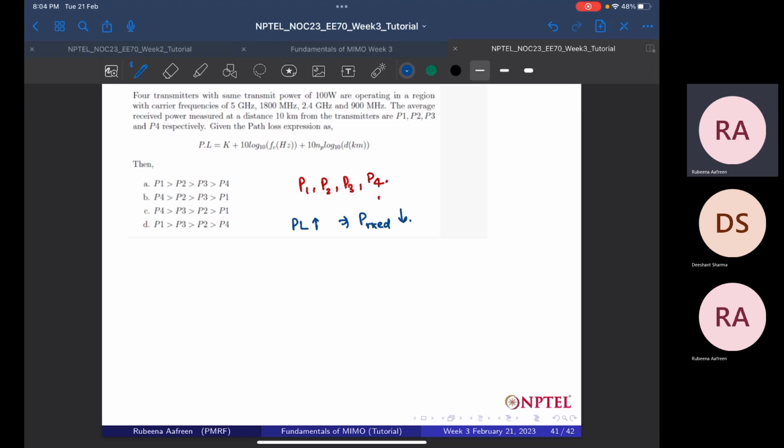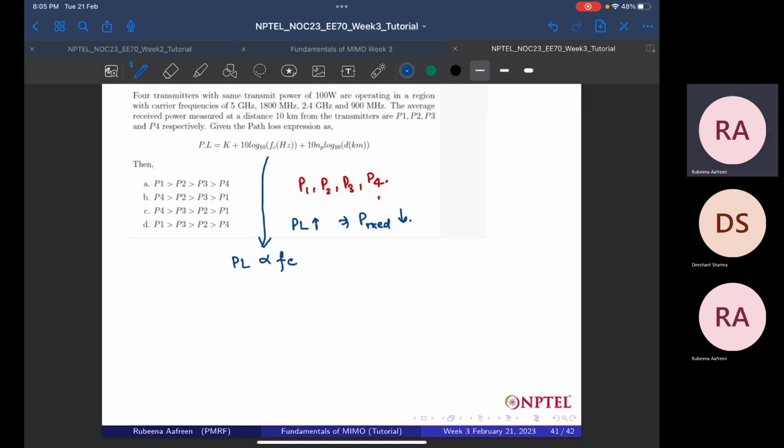What do you think would be the order? So can we say that path loss is directly proportional to carrier frequency from here? Any doubt? No. Okay.